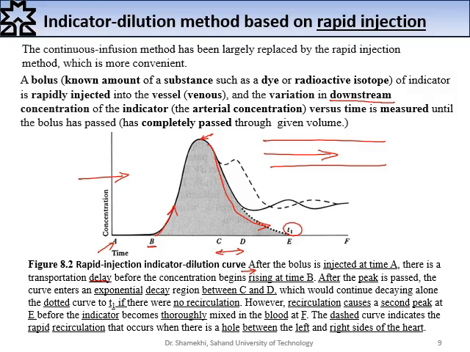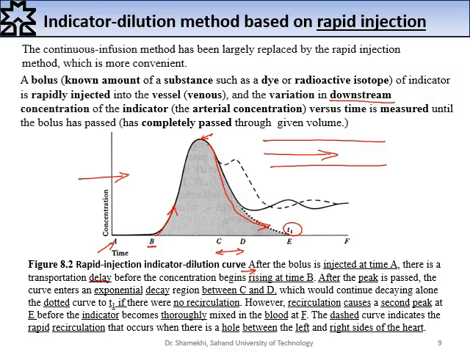But in our cardiovascular system, we have a specific recirculation of blood. However, this recirculation causes a second peak.